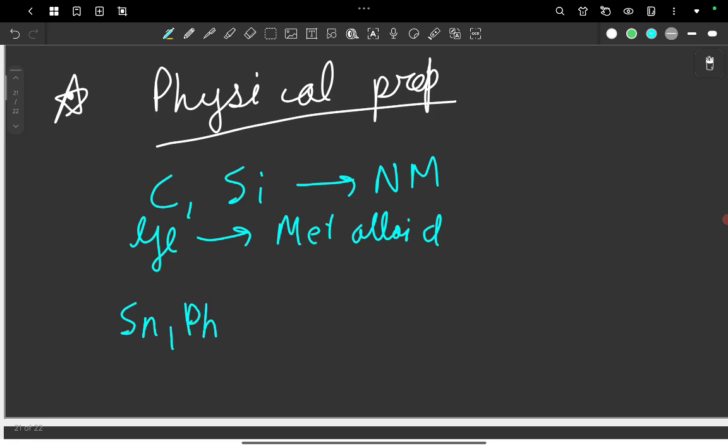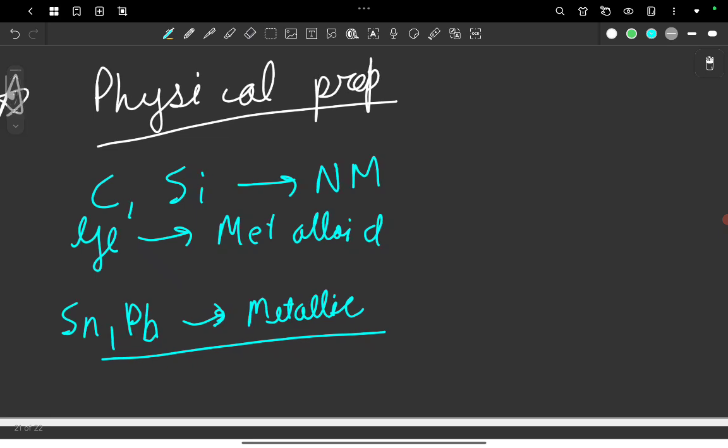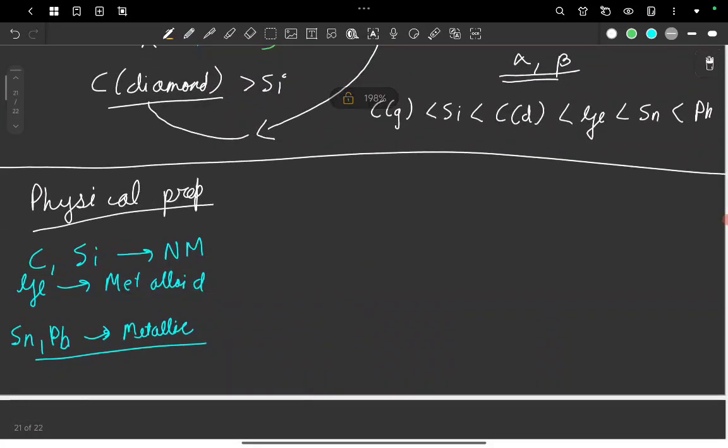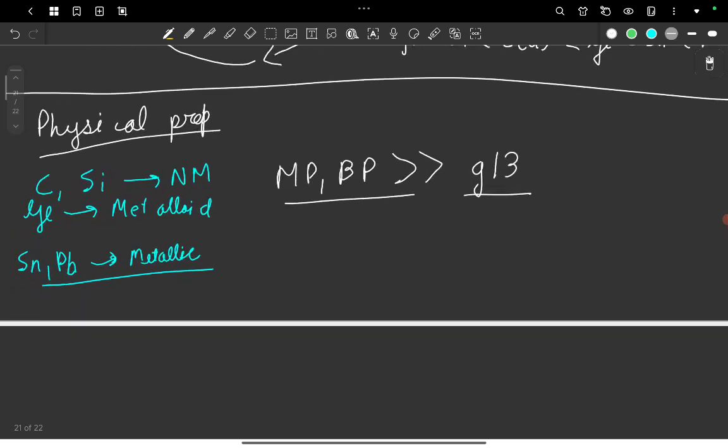And tin and lead lie on the metallic side of the spectrum, and they form basic oxides, more or less. Well, not really. I'll show you what exactly happens. But yeah. And one last thing, they asked a direct question in 2025 this year. Their melting points and boiling points are greater than those of the corresponding group 13 elements. Yeah, that's it.